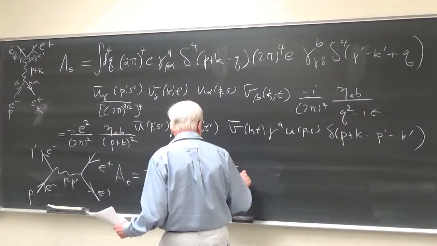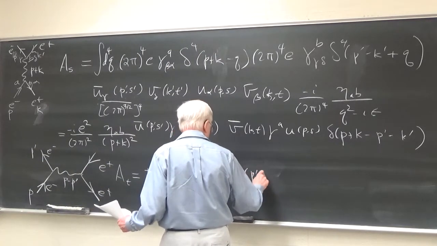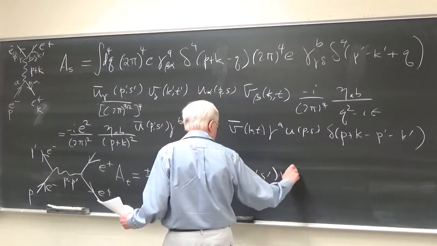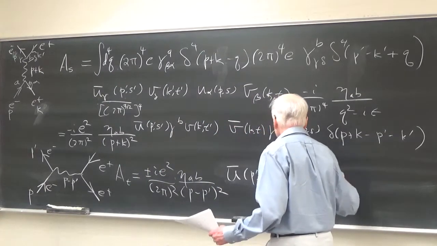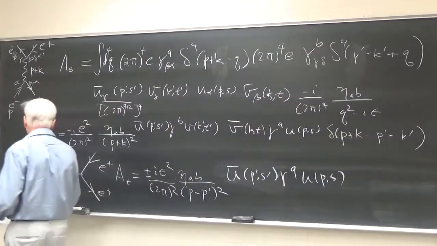This will be ū(p′, s′) γ^A u(p, s). So in a sense, this one is simpler.